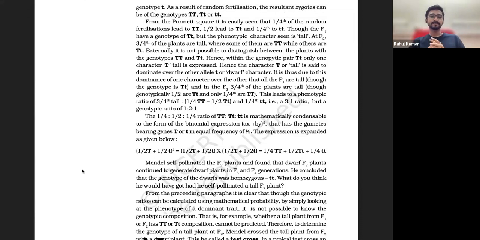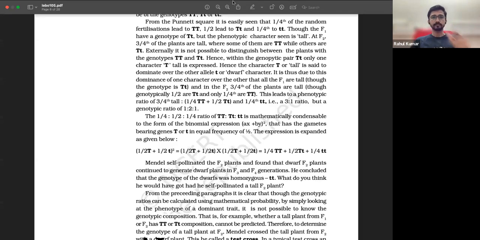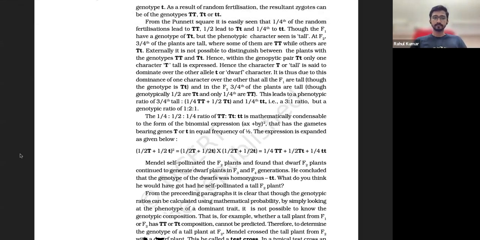Yes, Aisha, continue. Though the F1 have a genotype of capital T small t, the phenotypic character seen is tall. At F2, 3/4 of the plants are tall, where some of them are homozygous T while others are capital T small t. Externally, it is not possible to distinguish between the plants with the genotypes capital T capital T and capital T small t.